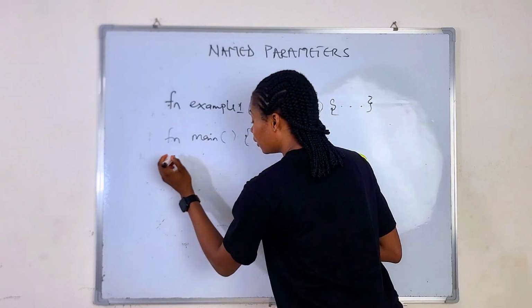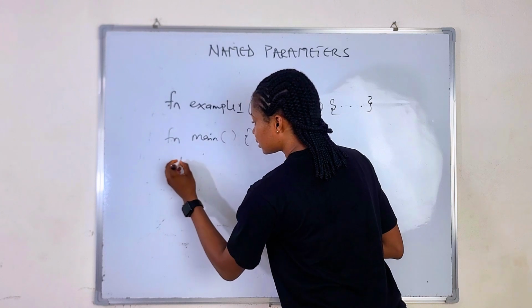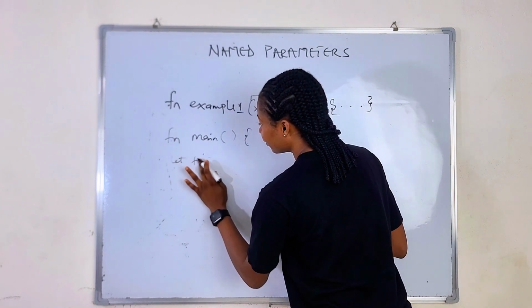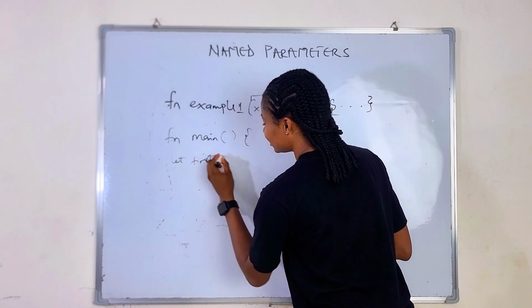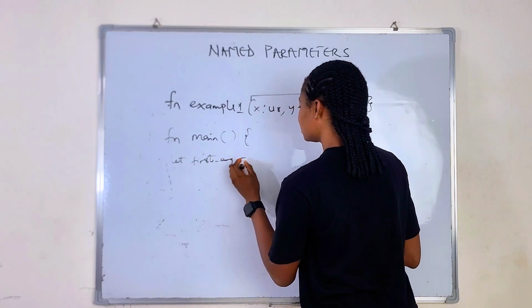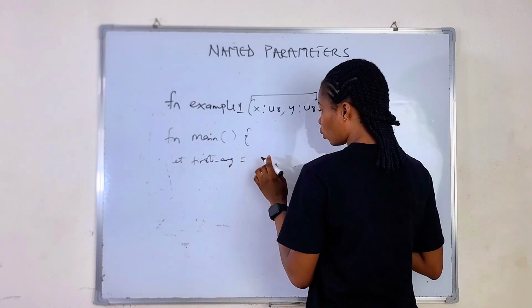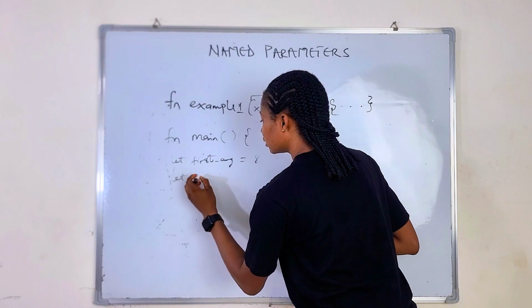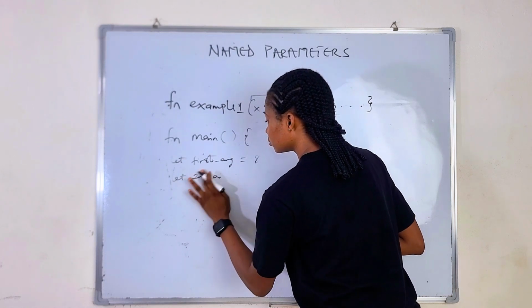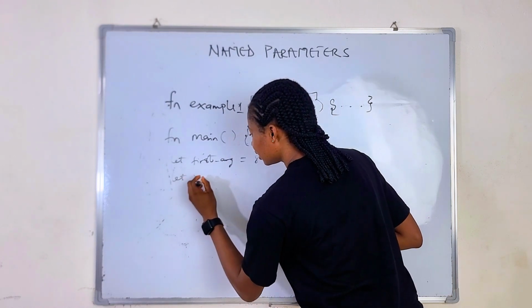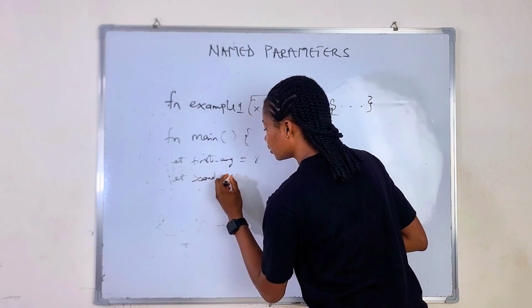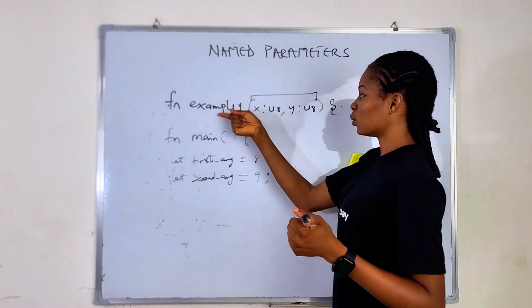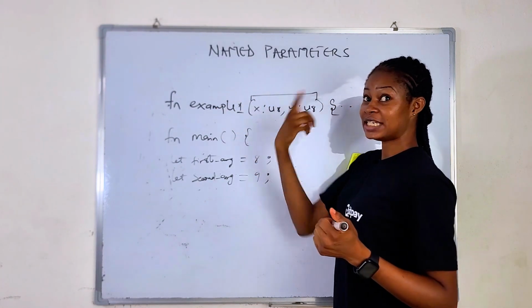So let's say first arg is equal to 8, and let's say second arg is equal to 9. And then I want to call this example1 using named parameters.